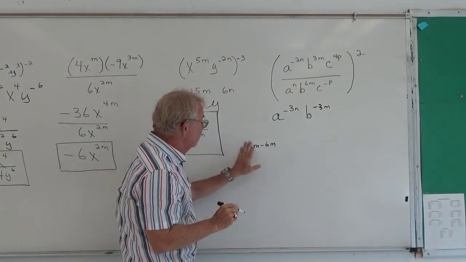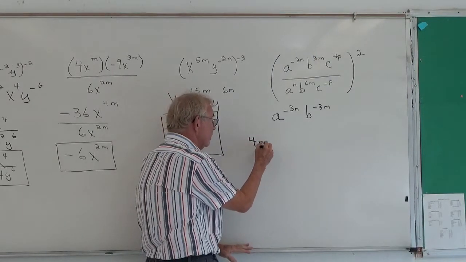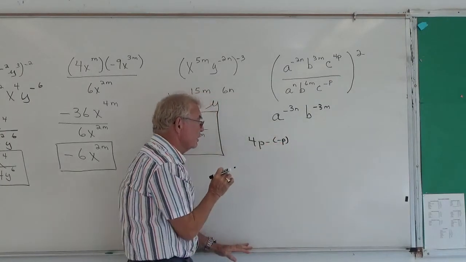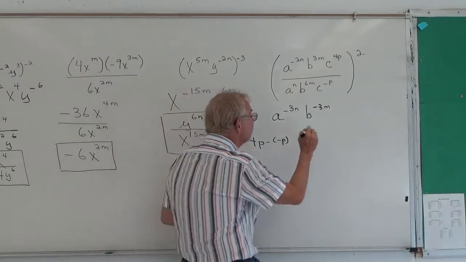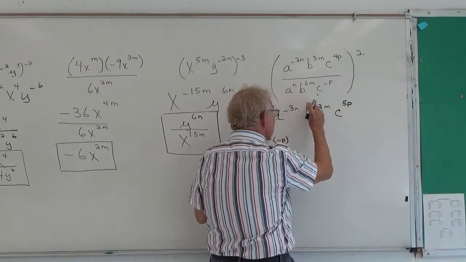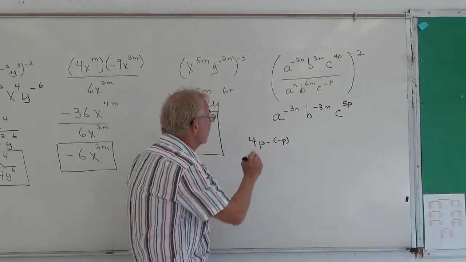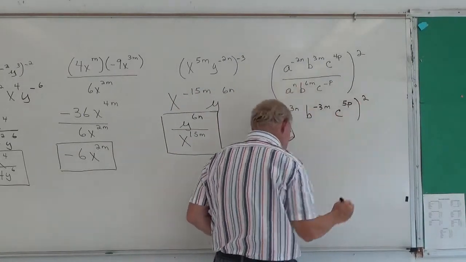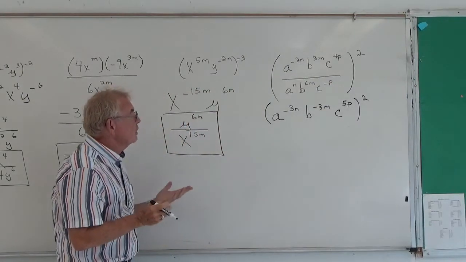And then on C, if I say it slow, 4p minus a minus p, they'll realize that that's going to be turned into a plus, and they'll say 4 plus 1 is 5. So that's inside the parentheses. So I caution you to write those subtractions out slow, and then we're going to raise it to the second power. Okay? Now, so notice we used the division rule.